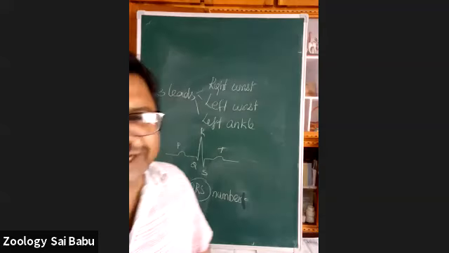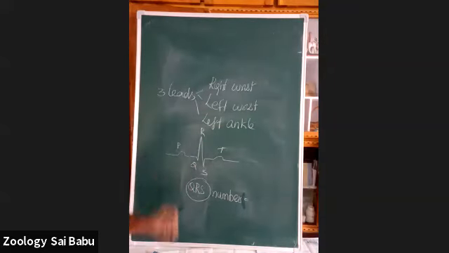Now, in this ECG, the P wave indicates atrial depolarization. That means the atria are undergoing contraction. The beginning of the Q wave indicates ventricular depolarization, or contraction.